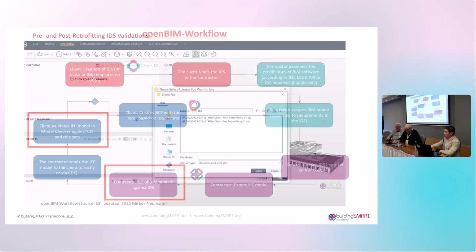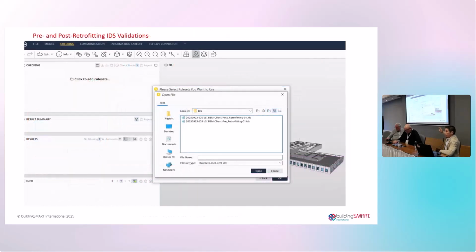IDS validation. As you remember, we had two IDS: the pre-retrofit case and the post-retrofit case. So you have to know what the post-retrofit case IDS means. Now you have different window manufacturer information, different lambda values, U-values for your windows. You have maybe specification requirements. So that's what you capture as a second stage.